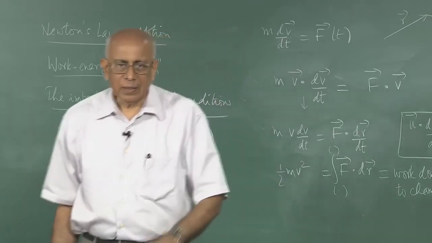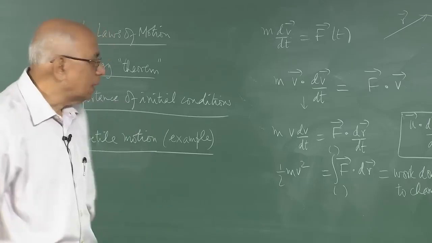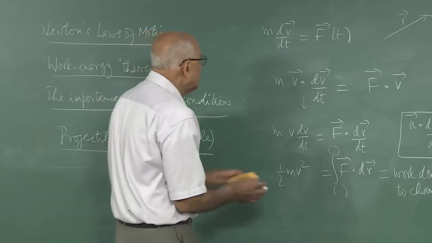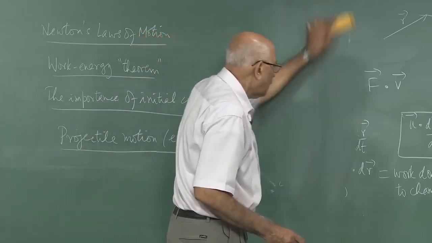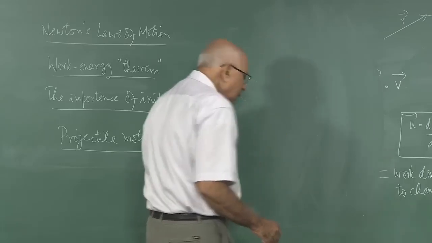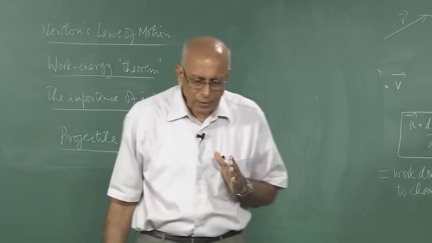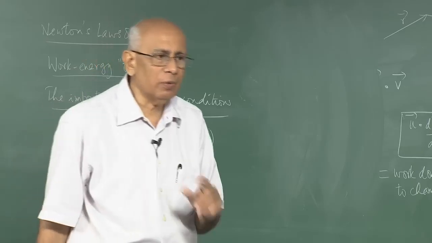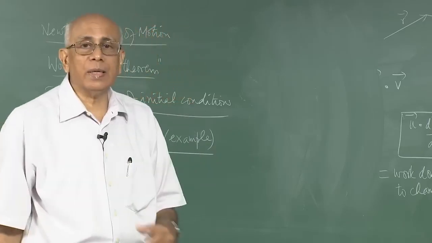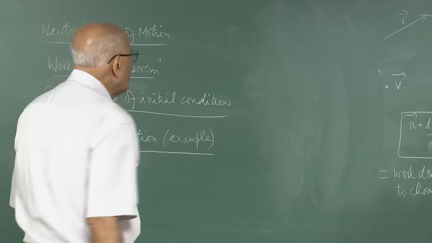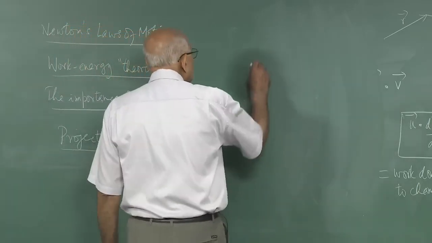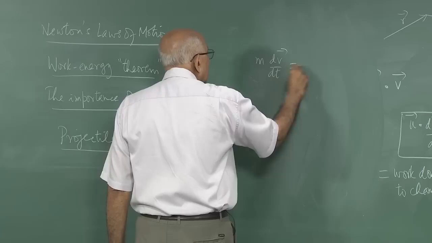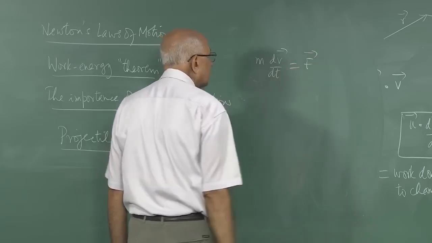Now a couple of questions. One of them is the following. Newton's first law told us that an object either continues to be at rest or moves in a straight line with uniform velocity if there is no external force on it. The second law on the other hand says that the mass times the acceleration is equal to the force on it.